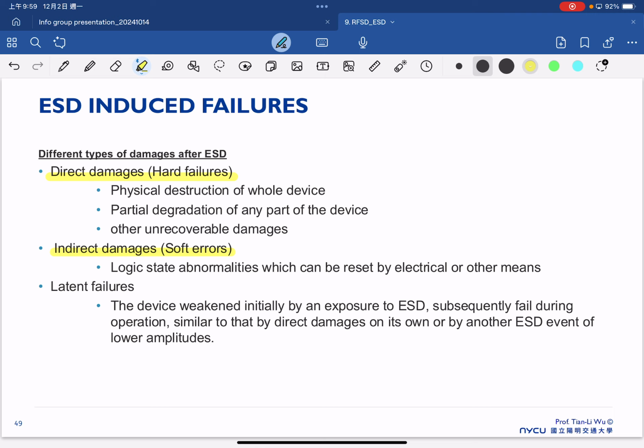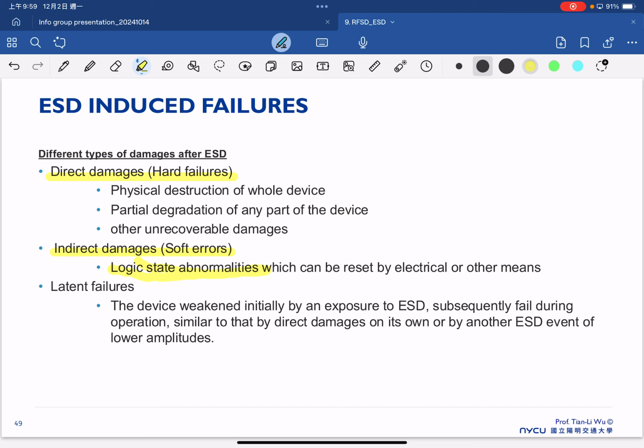But this indirect damage can cause functionality errors. For example, if we look at a logic device, it can cause the logic state to be abnormal. So this can only be reset electrically or by other methods here.